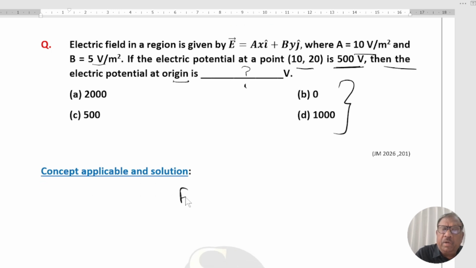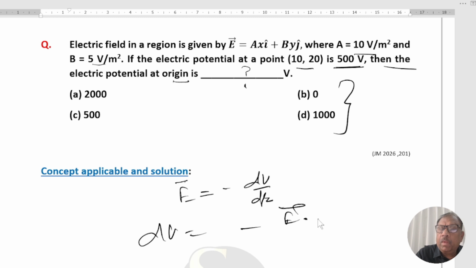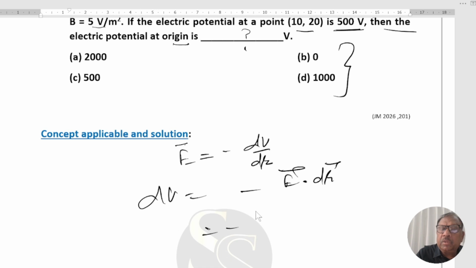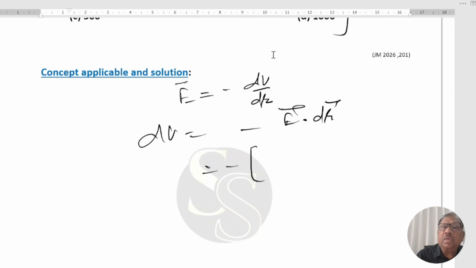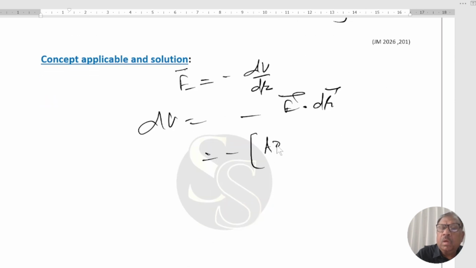You know, electric field is negative of the potential gradient, minus dV by dr. So dV would be equal to minus E dot dr. Mathematically, minus, this is given as AXi plus BYj, dot dxi plus dyj.